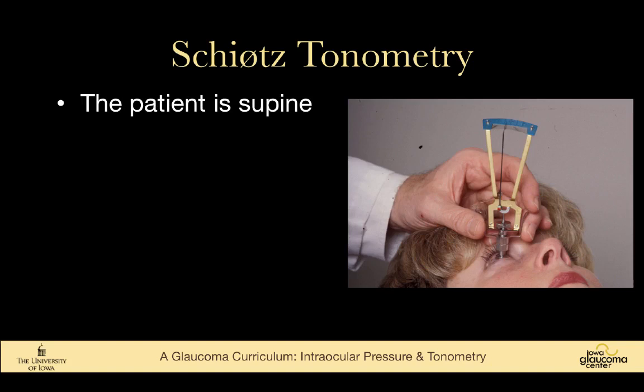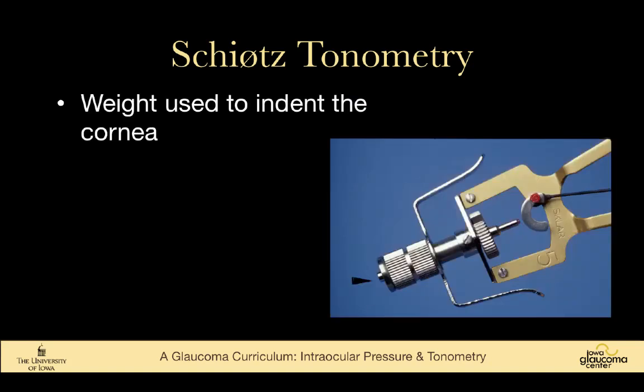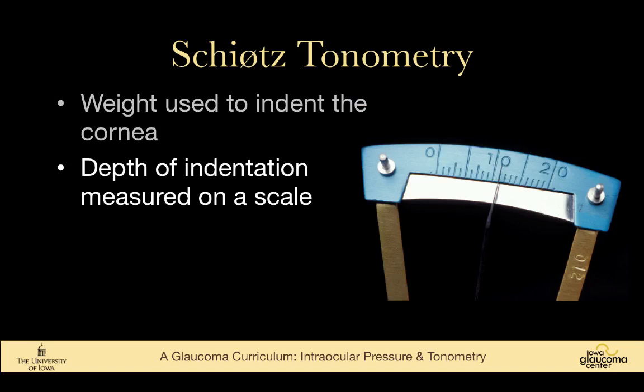Patients are anesthetized and lying supine, and this device is held over the cornea, and a weighted plunger indents the cornea. You can see that little plunger there. And the depth of indentation is measured on a scale. Unlike the Goldmann tonometer, this really does displace fluid in the eye.